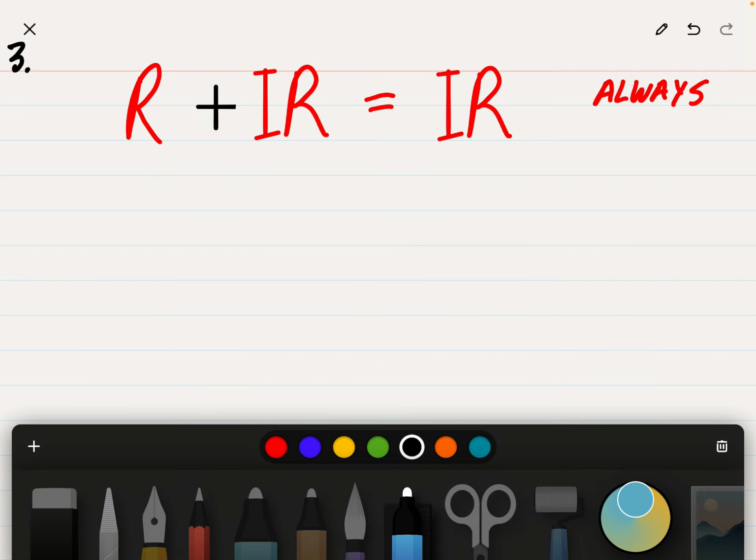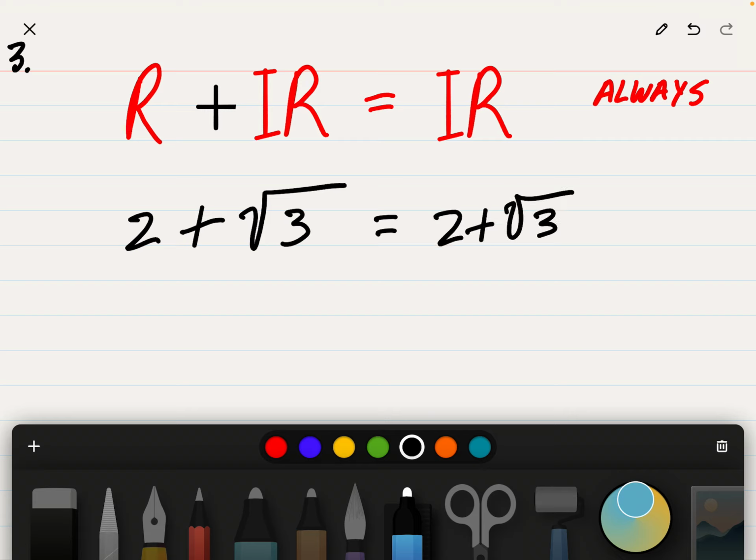If you add a rational number to an irrational number, you're always going to get irrational. So if I do 2 plus the square root of 3, we know that the square root of 3 is irrational because 3 is not a perfect square. So that's going to be a decimal that goes on forever.